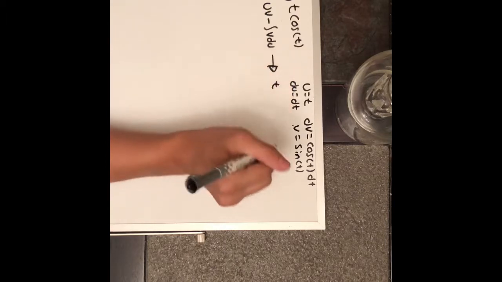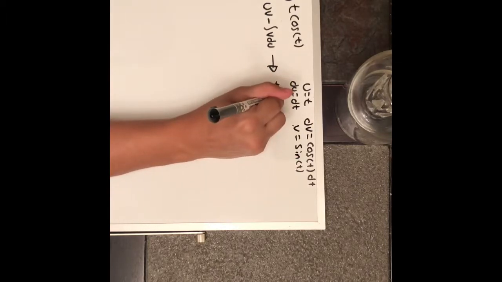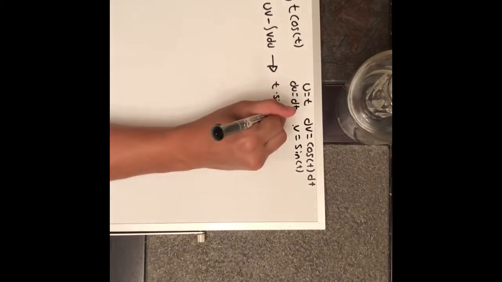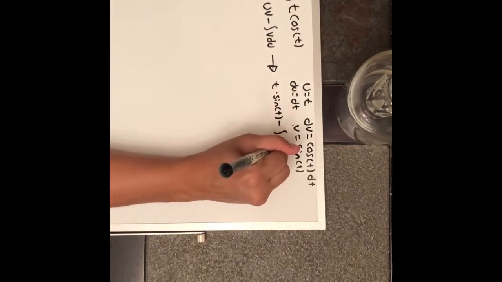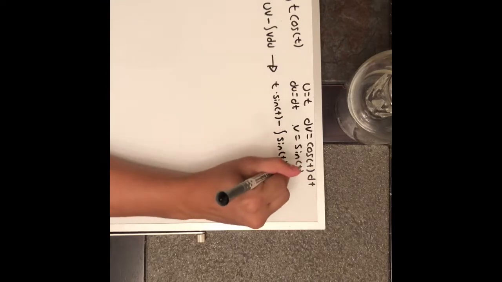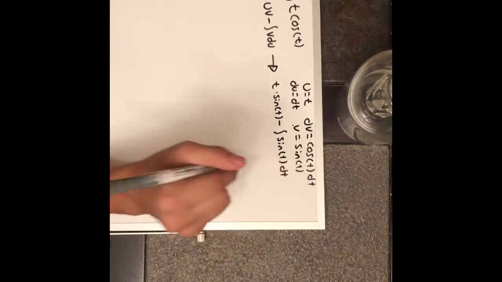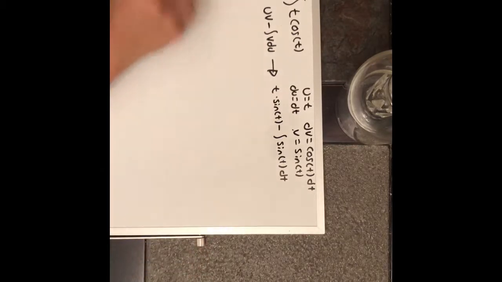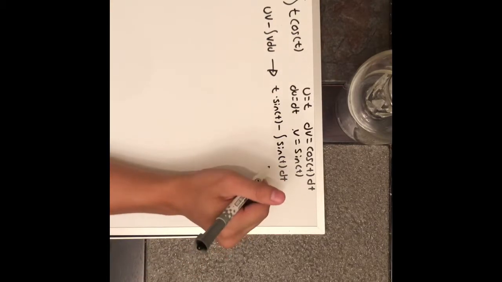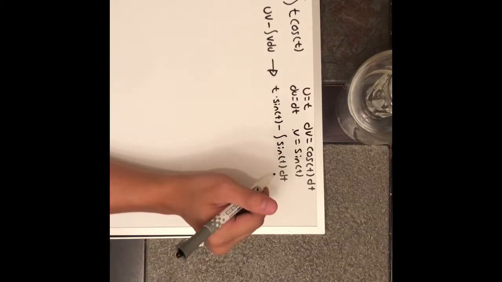t times sine t minus the integral of sine t dt. Much more doable. So let's use what we had already solved for the integration of sine of t.